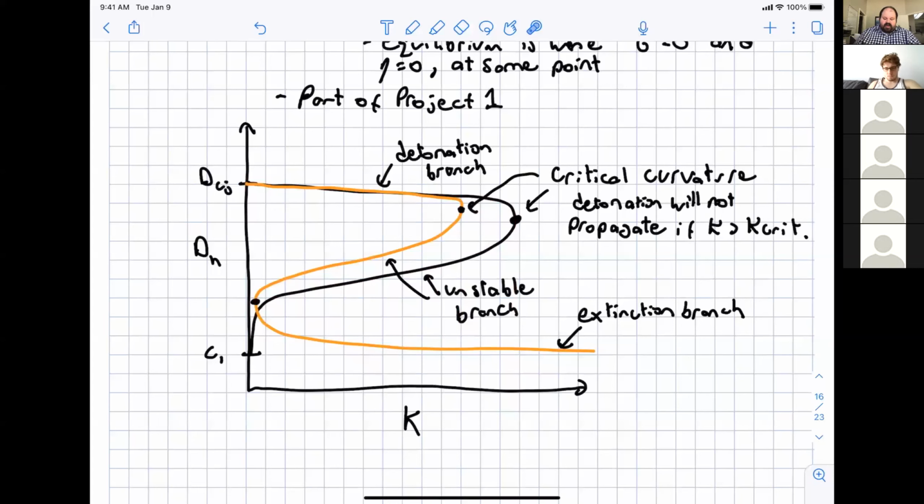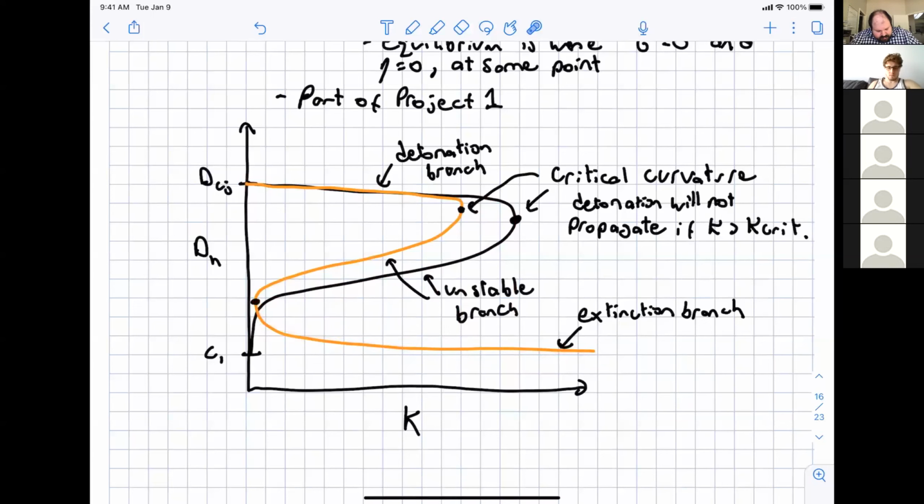Now, if we go the other way, if we start over here and we decrease the curvature, meaning we make a very small circle become more and more planar like, eventually what happens is we follow along this curve over here, we keep following it, and we start to turn.